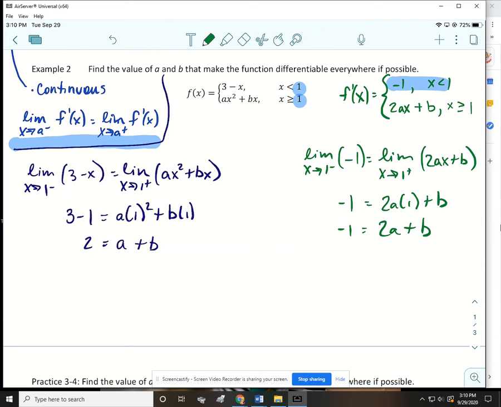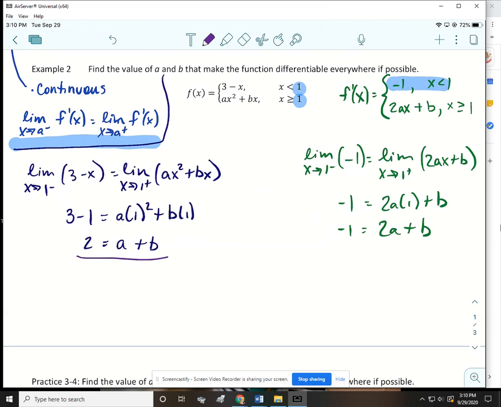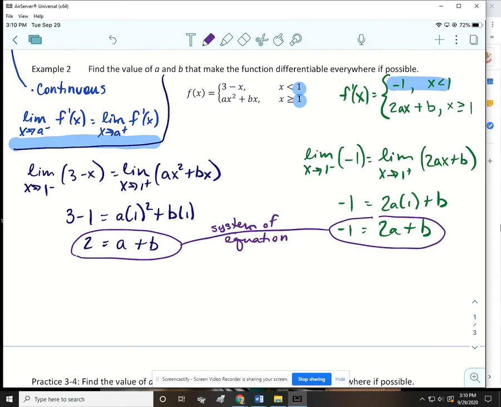Okay, so I get another equation that has the same 2 variables. That is called a system of equations. And it may have been a while since we've solved systems of equations. But what we'll do is line up the a's and the b's. So we're going to solve this by elimination. So I'm going to just rearrange it a little bit. So I have a plus b equals 2, which is the 1 on the left. Underneath, I'm going to put 2a plus b equals negative 1.